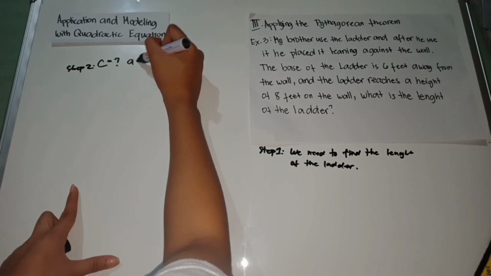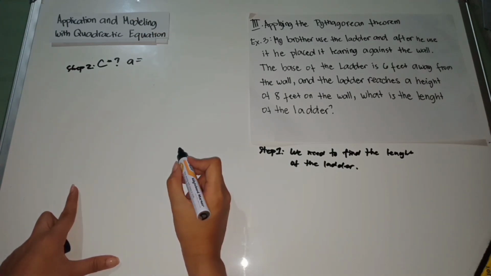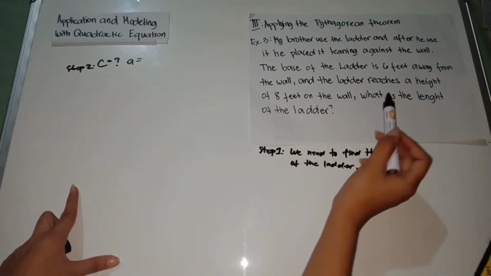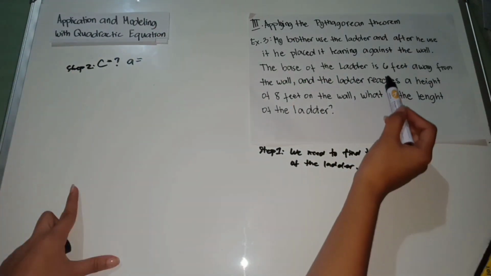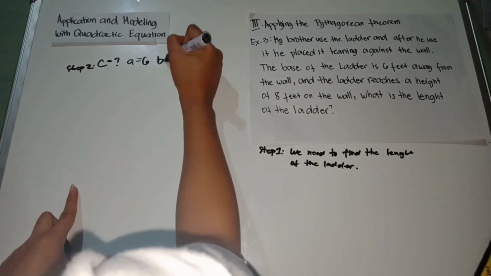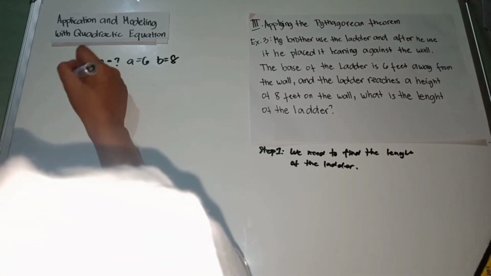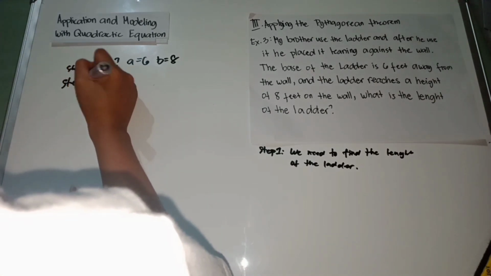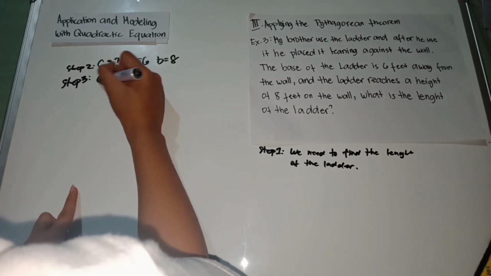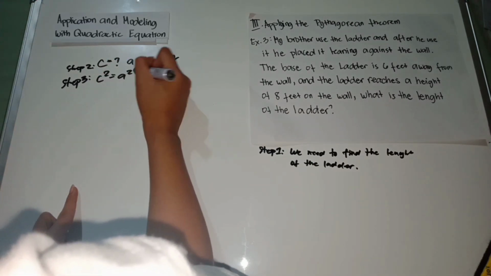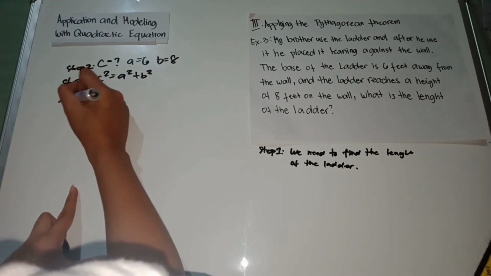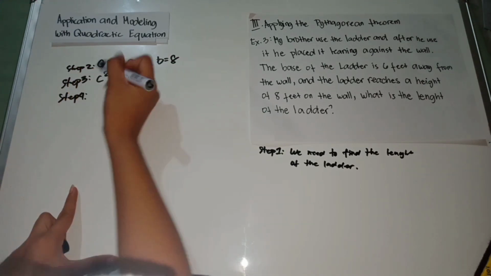And A is 6 feet and B is equivalent to 8 feet. And step 3, our equation will be C squared equals A squared plus B squared. And step 4, we need to calculate.